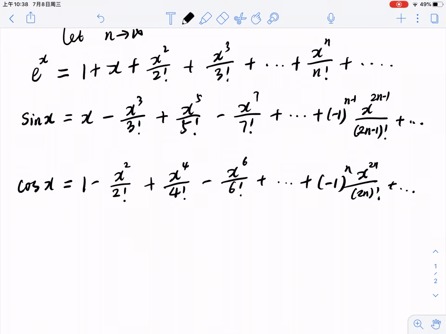However, the Taylor series may not converge to f(x) for every value of x.